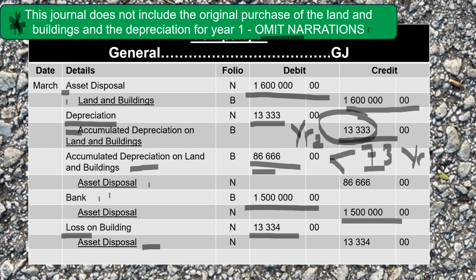We closed off asset disposal to the loss on the building of 13,334. So this is the general journal, only to record the event of the building burning down and the insurance payout, in inverted commas, asset disposal.